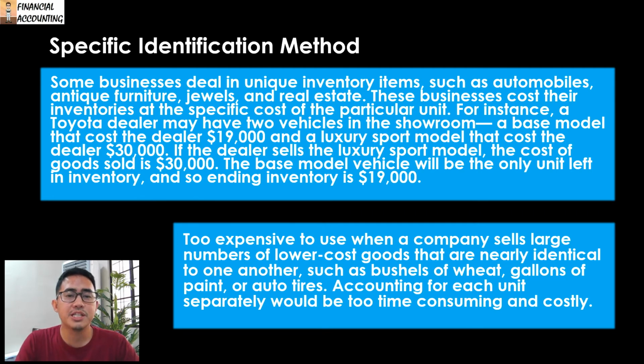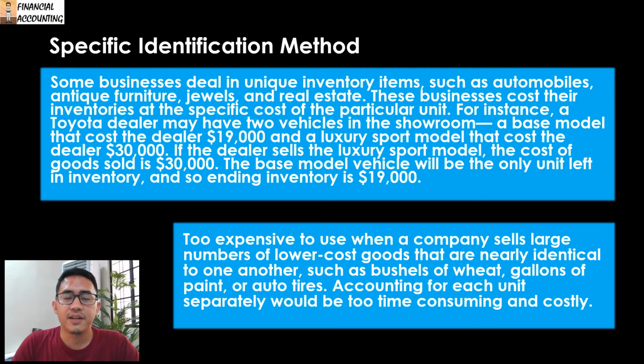You can actually employ specific identification method because you have to monitor this cost. In accounting, as I said a while ago, always look at the cost versus benefit. If the benefit is you'll be able to monitor your inventory which has higher value, then I guess specific identification would be good for you.